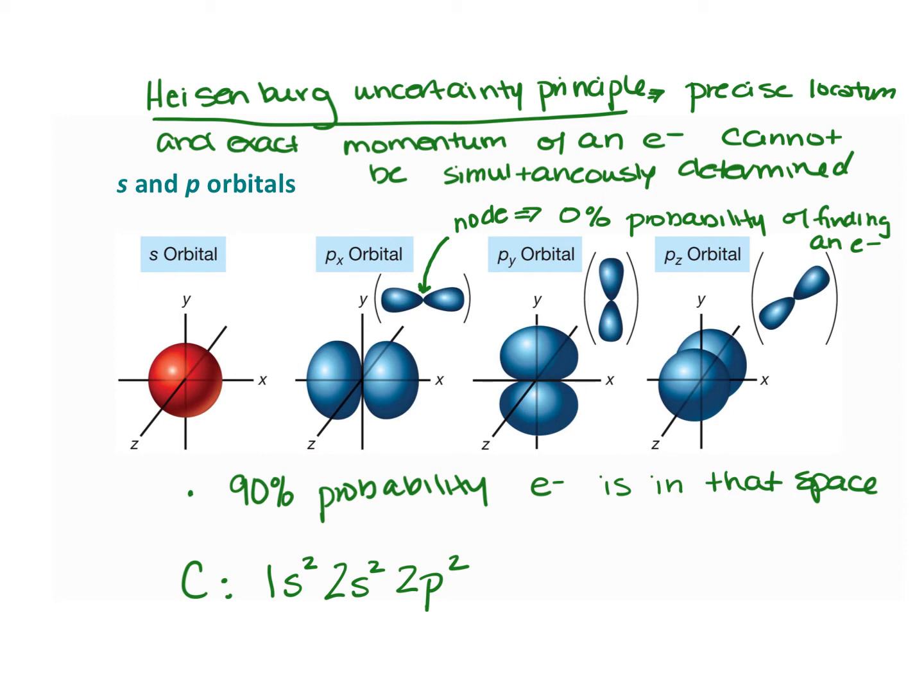So these are the ones you really need to be familiar with. I want to remind you that the s orbital is spherical in shape, and the 3 p orbitals are kind of dumbbell shaped. They show it here, but a lot of times we see representations like this. The reason there are 3 p orbitals is that they can align in different ways along the x, y, and z axis.